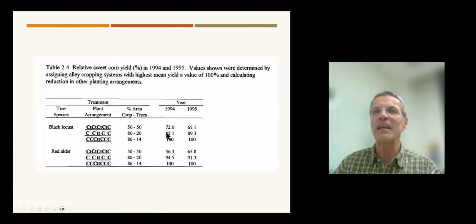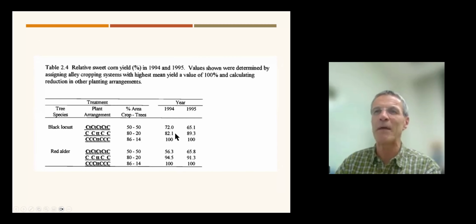But basically here you can see I had roughly 100% of the yield in that very narrowly spaced system, but quite a reduced yield where I did trees, crop, trees, crop, trees, crop, because there was just too much competition going on between those. And I tried different temperate climate trees, but the pattern basically continued. It wasn't exactly the same, but the pattern was similar to that.